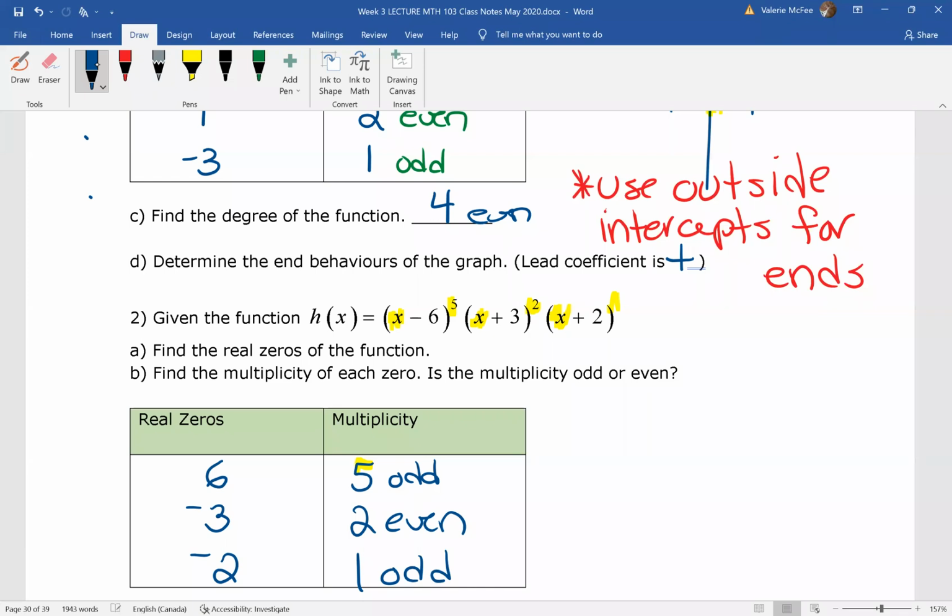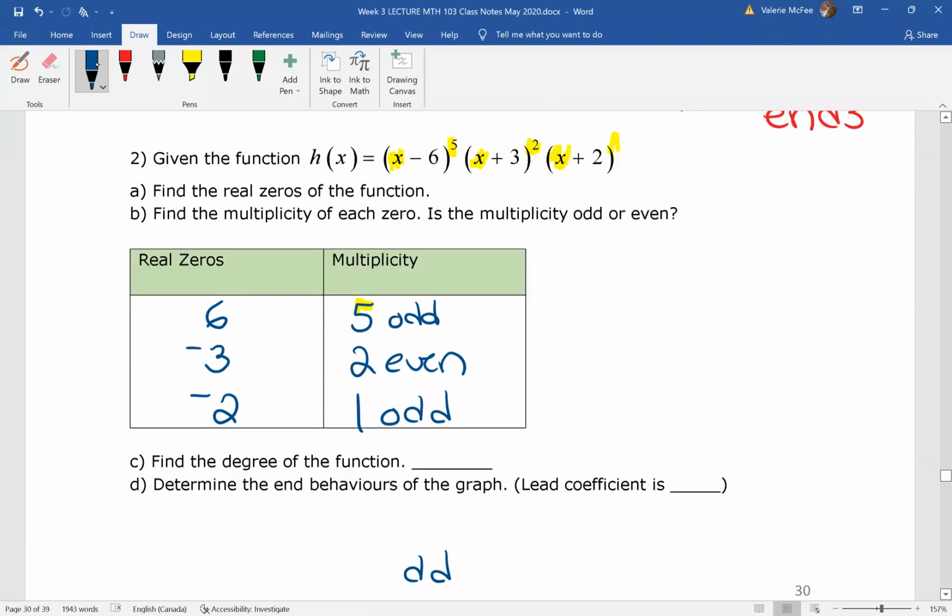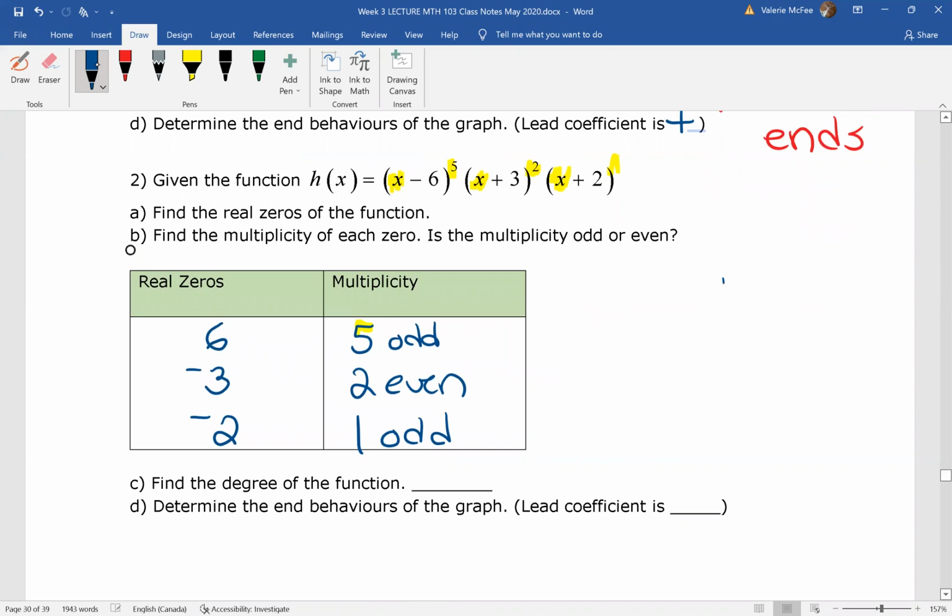So what do we know so far? We have real zeros, or x-intercepts, at 6, at -3, and at -2. The degree of this function is 8. This is even.